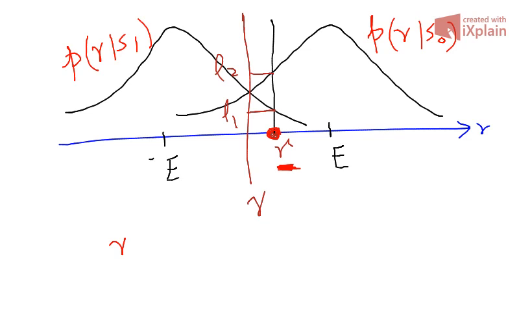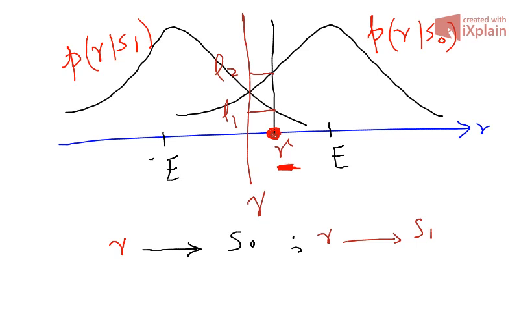That is why initially we start with the binary hypothesis. So we have two hypotheses about this R. One hypothesis says this R can be S naught, or this R can be S1.